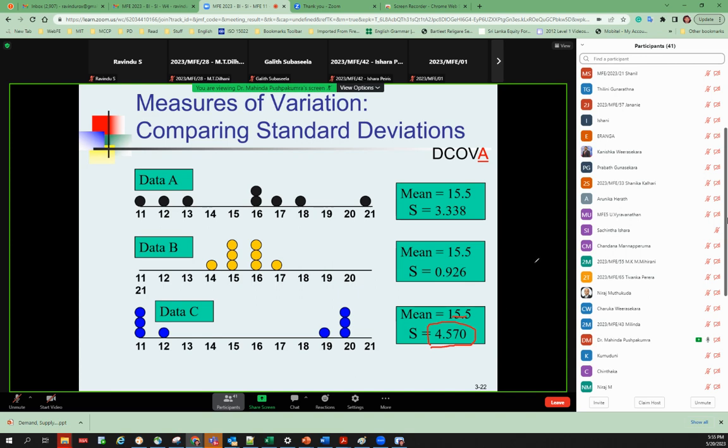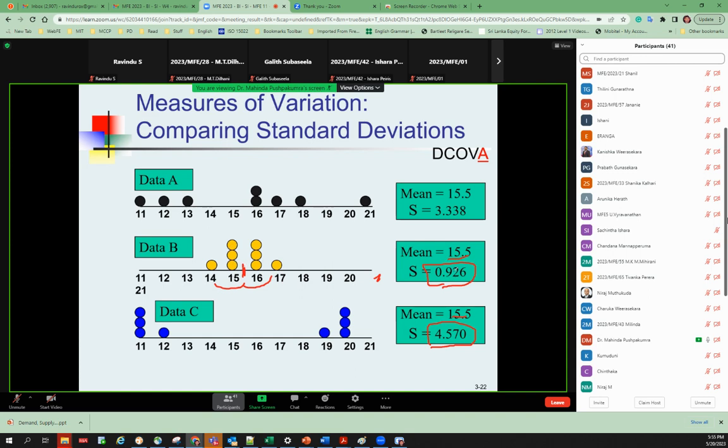But in data set B, the mean is 15.5 and the average deviation from the mean is 0.926. You can see the lowest value is 40 and the maximum value is 70, but most of the data are 15 and 16.